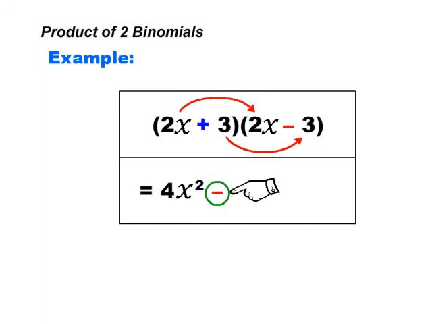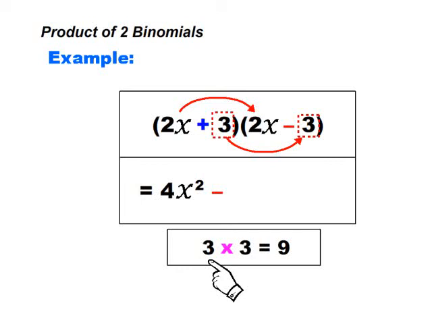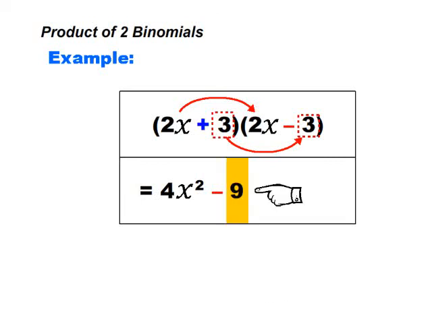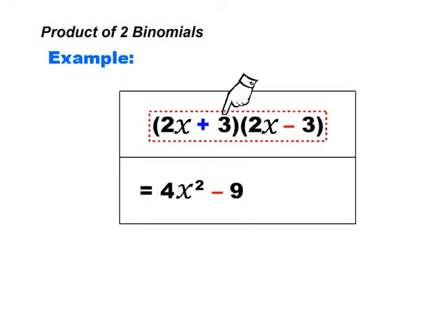Look at this 3 and this other 3. 3 multiplied by 3 is equal to 9. We write 9 here. So, (2x plus 3) multiplied by (2x minus 3) will give us 4x squared subtract 9.